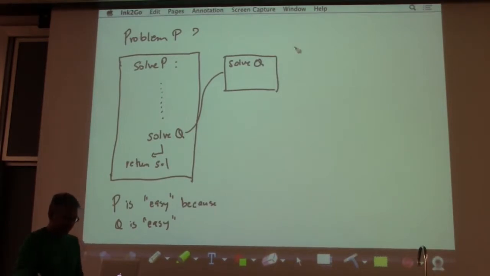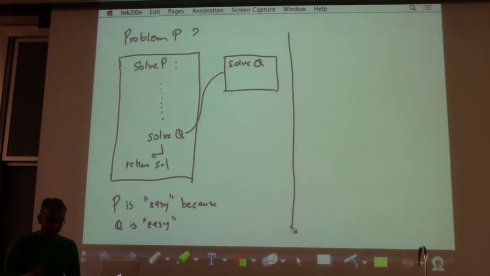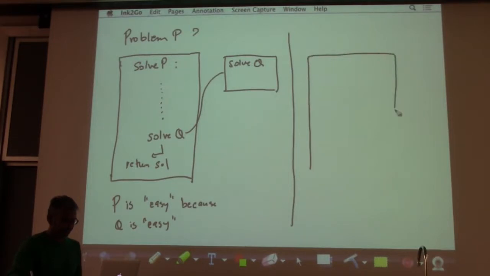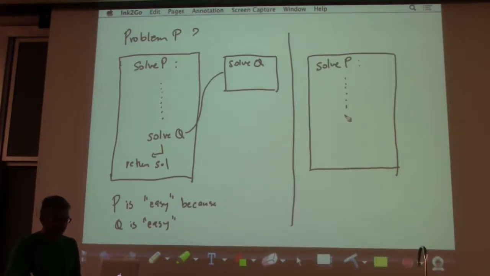Of course, in our case, we're doing something which looks the same but is very different. So once again, we have this picture where we want to solve P, and we write some code. In the middle of the code, we realize that in order to solve P, I want to call Solve Q, and this will return the solution here, just like before.